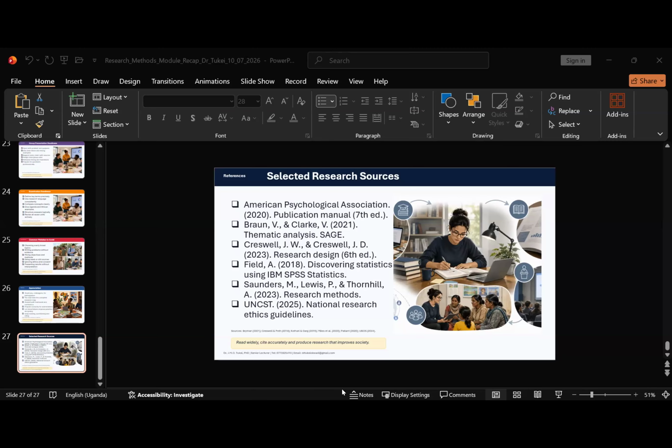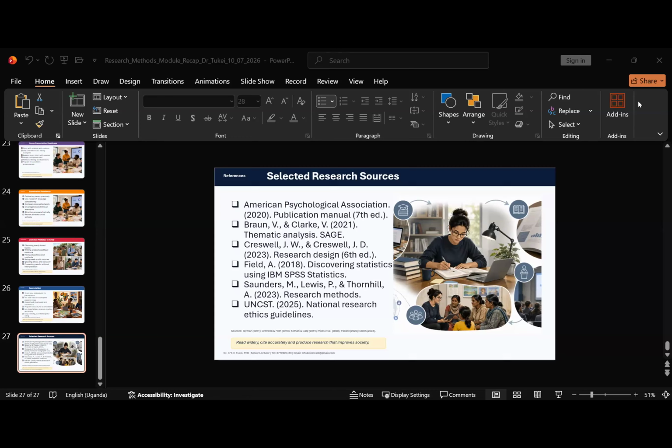Then still on chapter 3, you also look at the instruments for data collection. Are you going to use questionnaires? Will they be structured or semi-structured questions? Or are you going to focus on using large samples? Then there are other methods, interviews, observation, to mention but a few.